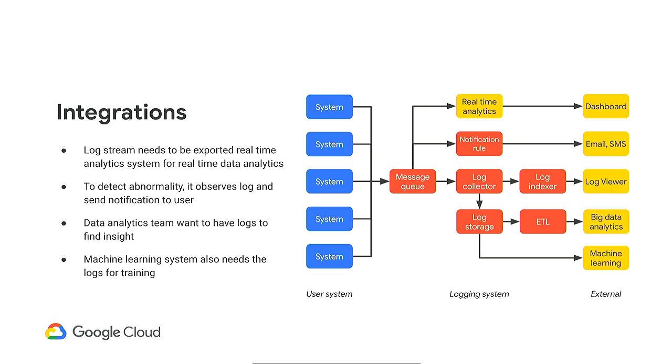But the problem is, as I mentioned, the log can be used for multiple purposes, like data analytics or system notification. And nowadays, machine learning is becoming more important, so the log data can be consumed by the machine learning system to train the model, right?